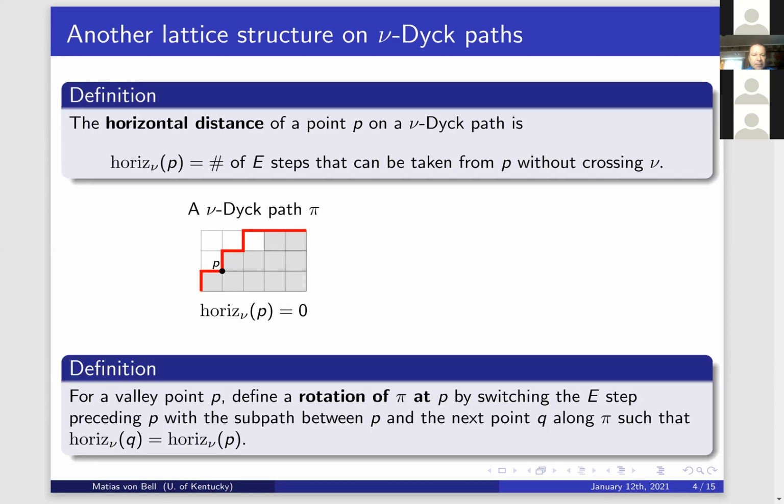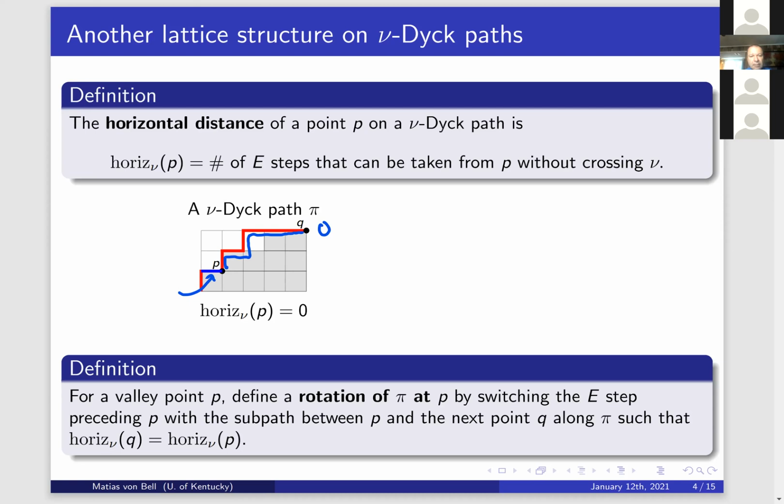With this notion, we can define a rotation of π at P by switching the preceding east step of that point P. P here has to be a valley point. Then you trace along the ν-Dyck path π to the next point at which the horizontal distance is the same as that of P. The horizontal distance here is 0 as well.